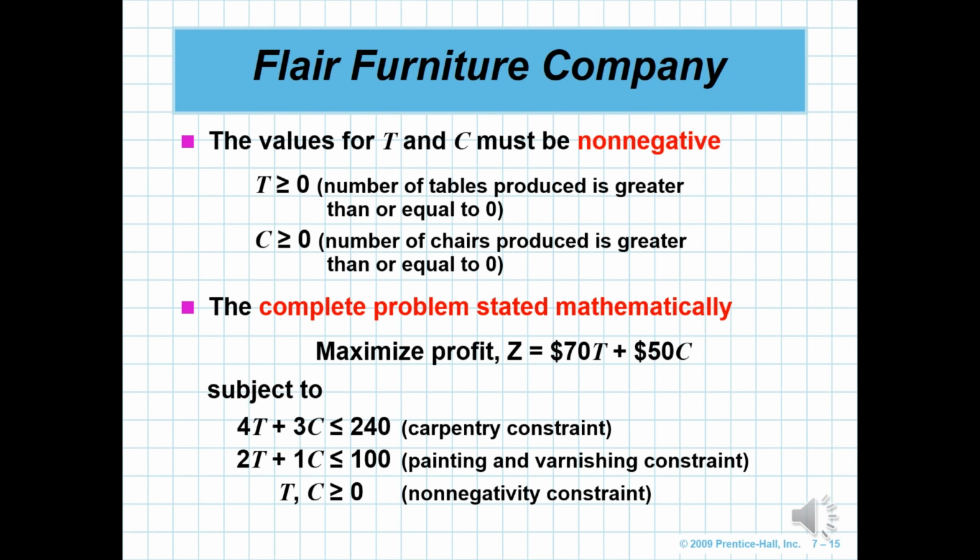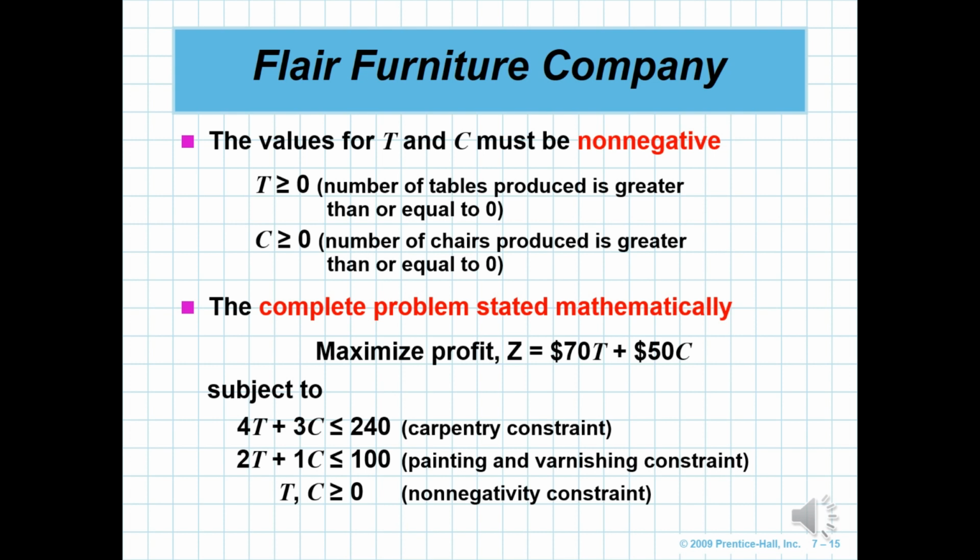So this is the complete LP model that we can represent in our solution, where our objective is to maximize the profit Z equal to $70T plus $50C, subject to the constraints.